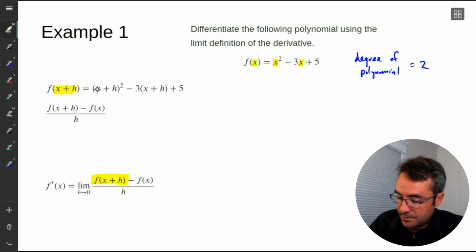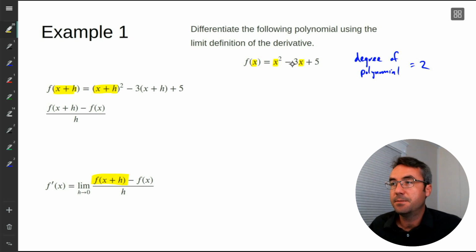This x squared is going to become x plus h all squared. This minus 3x, instead of an x here, is going to become minus 3 times x plus h. And then the plus 5 just stays a plus 5. A lot of times that's the trickiest part, just correctly plugging in x plus h. Now, let's do the multiplication.